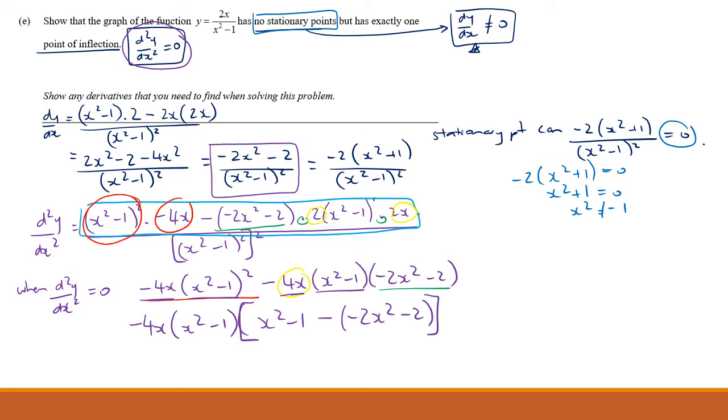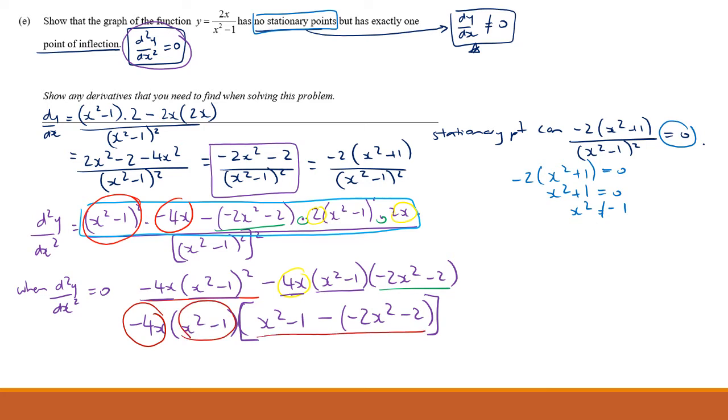Again, this is quite tricky, but really what I've done now is I've tried to solve for some answers when d squared y is equal to 0, because now I've got places where it could be equal to 0. It could be equal to 0 here, it can be equal to 0 here, and it can be equal to 0 in here.